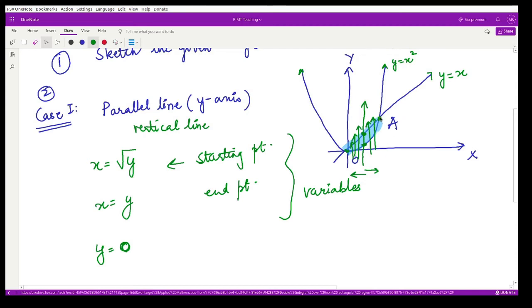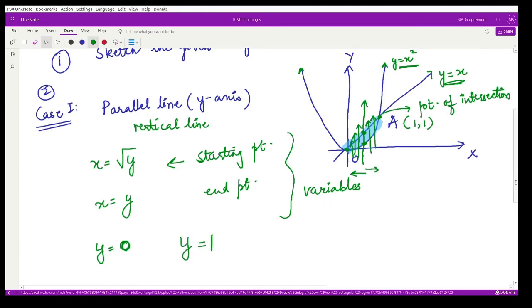First of all, you have to calculate this point of intersection. When you solve these two equations, you will get the point as 1, 1. So the maximum value of y here is equal to 1.